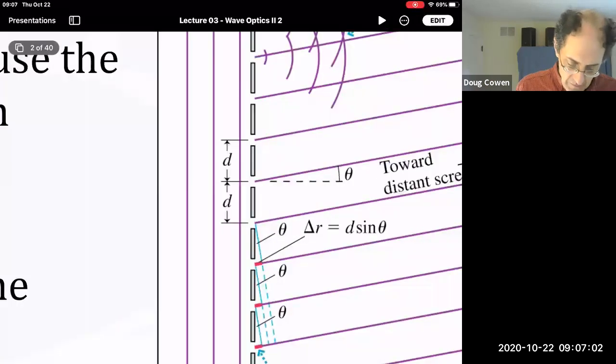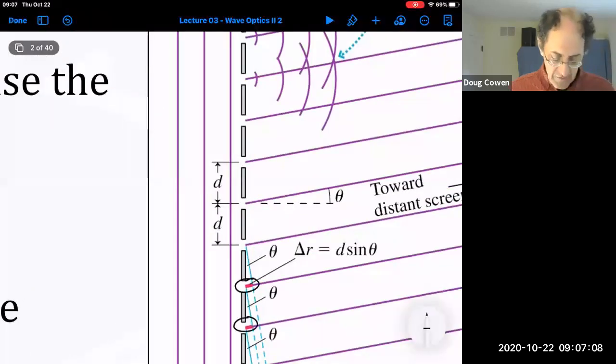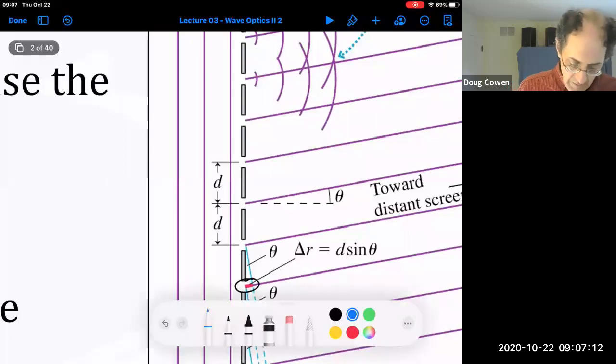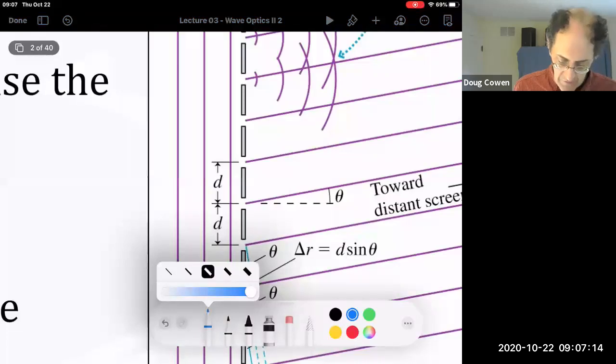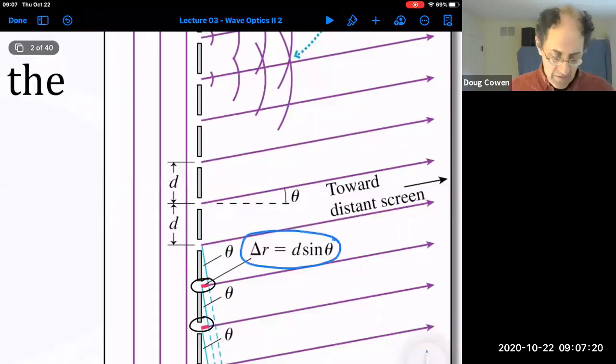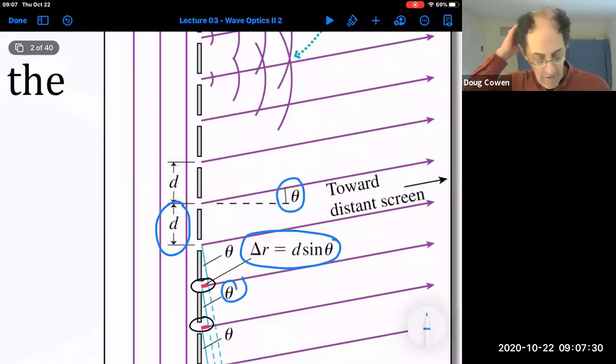If you look at these little red lines here, those are the extra distances that light travels as it moves from one slit relative to its neighbor. And that distance is given by d sine theta, where d is the separation between the slits, and theta is this angle shown here, which is equal to the angle towards the screen.